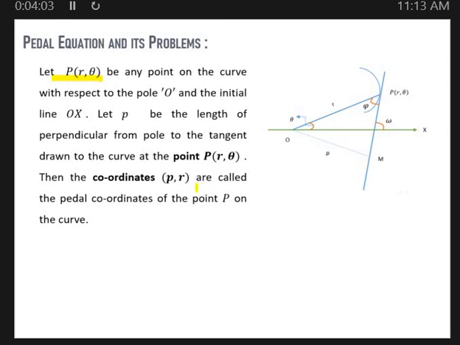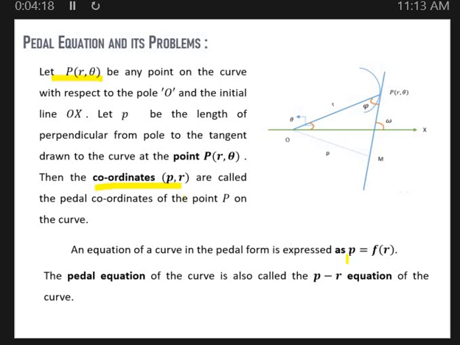Then the coordinates p comma r are called the pedal coordinates of the point P on the curve. Then the pedal equation of the curve is p is equal to f of r. So an equation of the curve in the pedal form is expressed as p is equal to f of r. The pedal equation of the curve is also called as p-r equation.